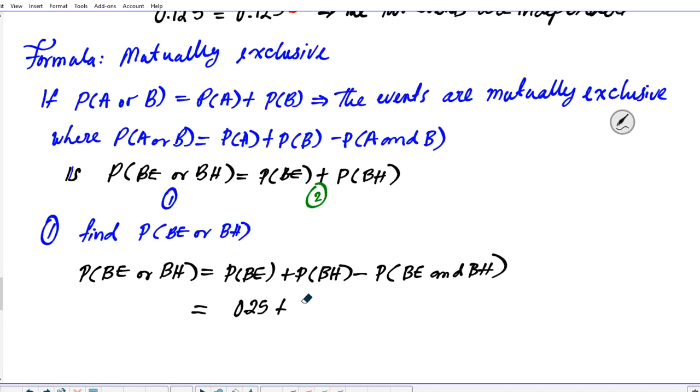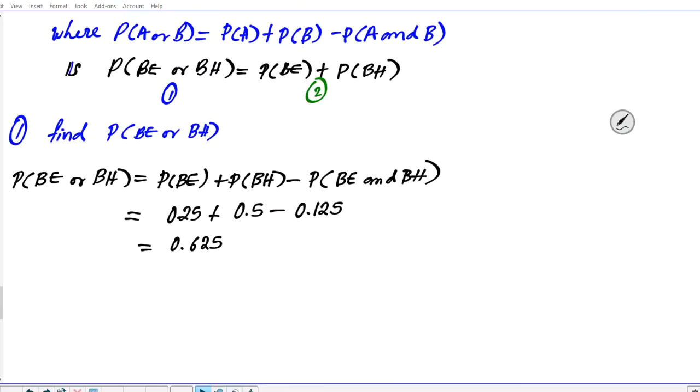Probability of blonde hair is 0.5. And then probability of blue eyes and blonde hair is 0.125. Alright, so when you do the computations, you end up with 0.625. Alright, so we're done with the first part. So we'll advance to part 2.